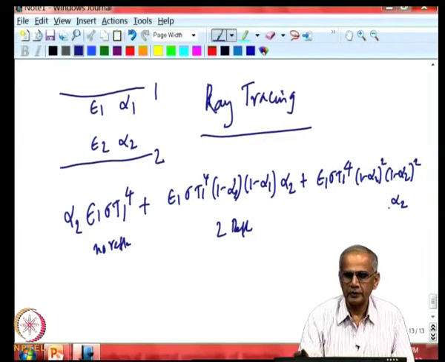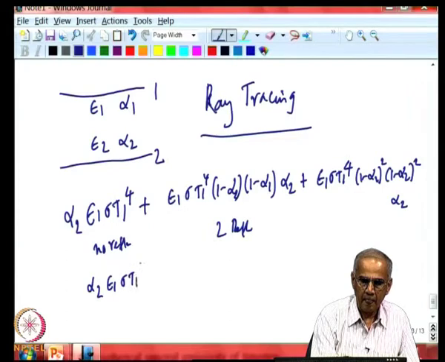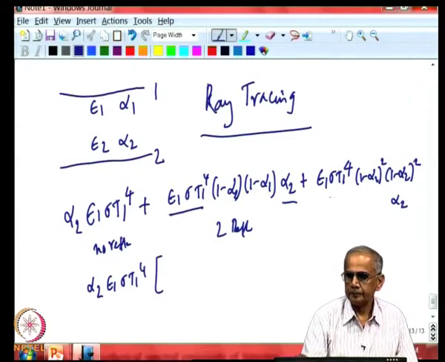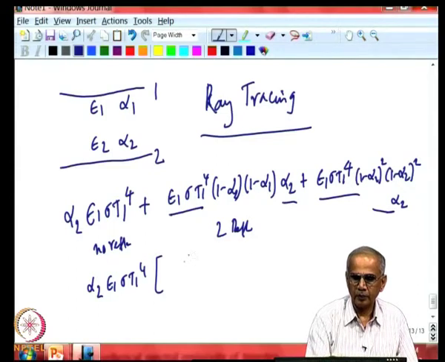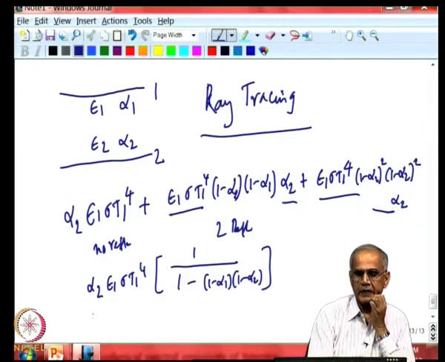So, all of you can see that ultimately you are left with an infinite series, because all of them contain a common term, and so it will be 1 by 1 minus, so that is the radiation leaving 1 and absorbed by 2.